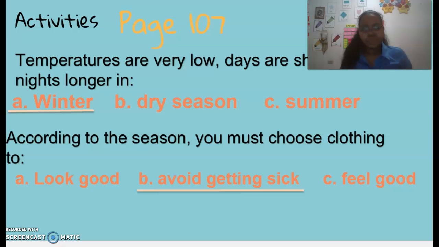Excellent. Now we're going to continue working on activities from book page 107. The first question says temperatures are very low. Days are shorter and nights are longer. So you're going to underline the correct season of the year in which the temperatures are very low, days are shorter, and nights are longer.